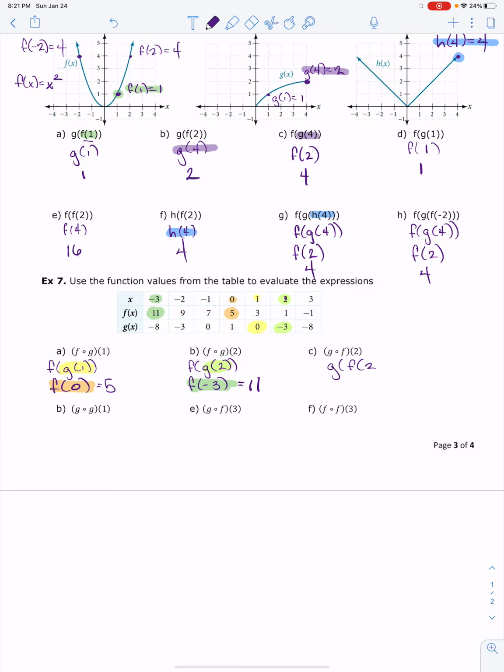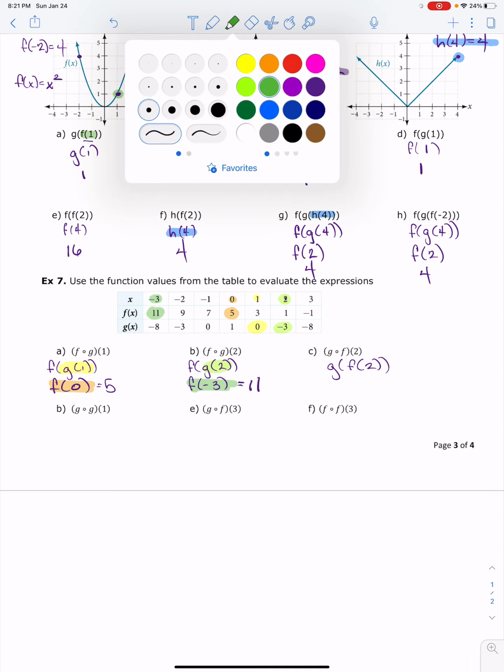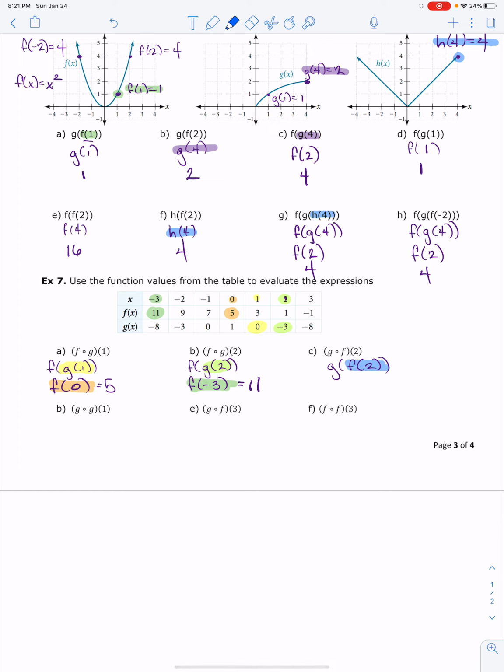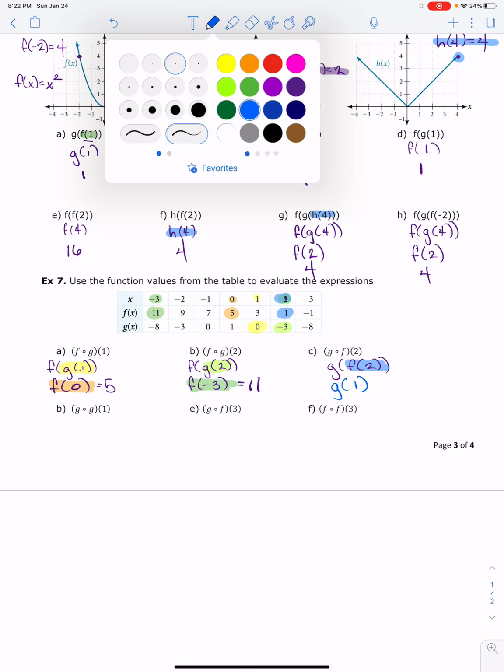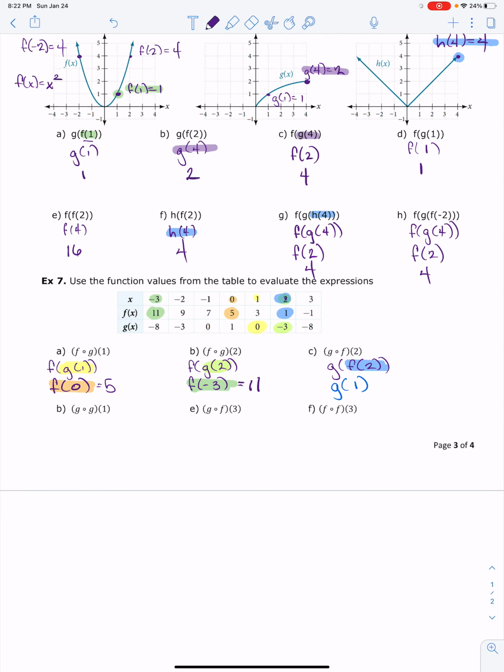C, g of f of 2. F of 2. Here is 2. F of 2 is 1. So g of 1, that works. G of 1 is 0.